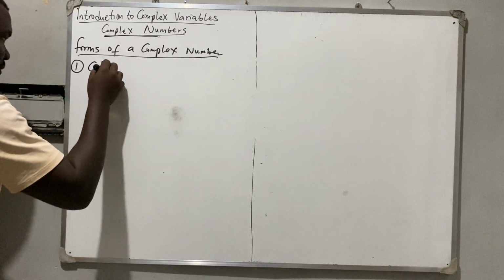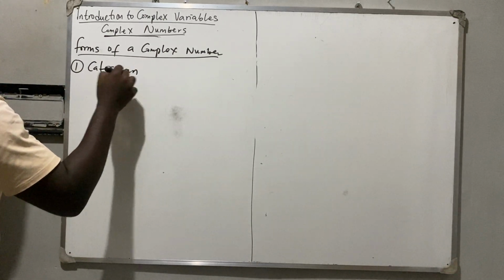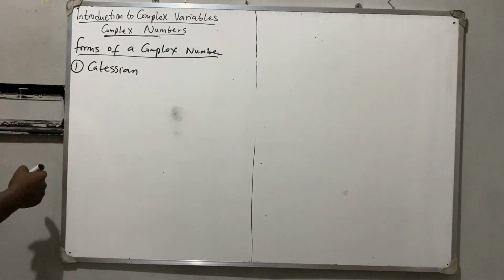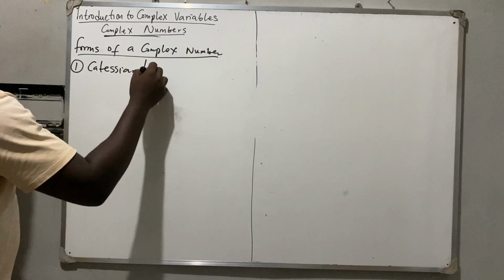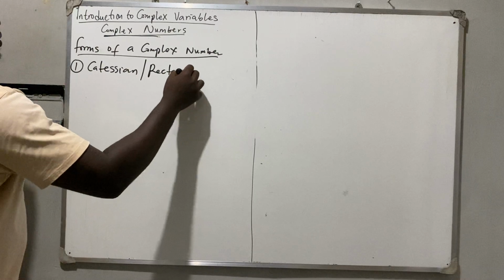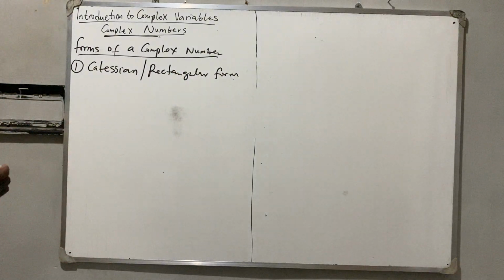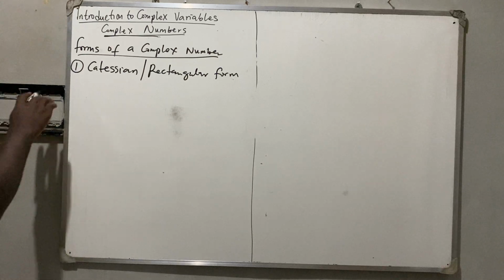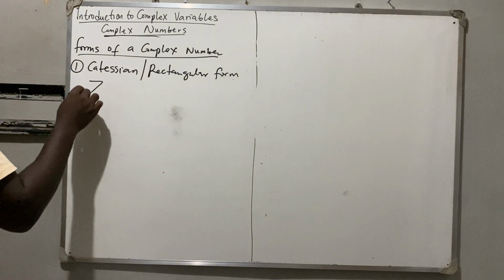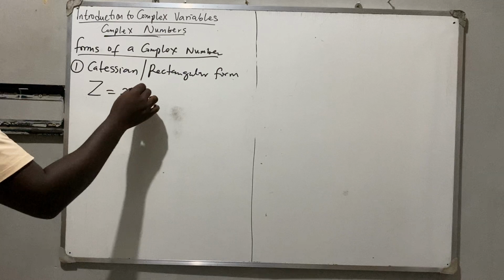I think it's either one S or double S, so check it out. Cartesian or rectangular form, which is the XY form. In this one, we write a complex number as Z is equal to X plus YI.